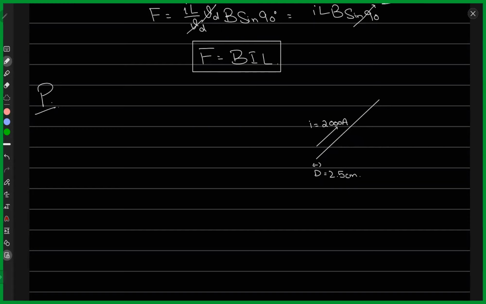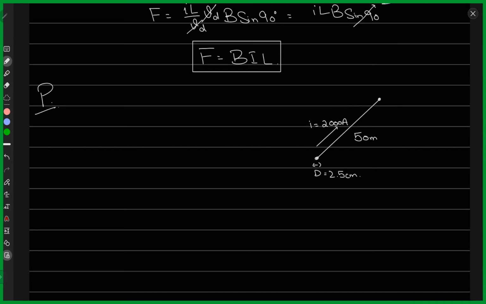It's a power cable, so it carries a large amount of current. The distance between the 2 points of the cable, maybe from one house to another, is let's say 50 meters.